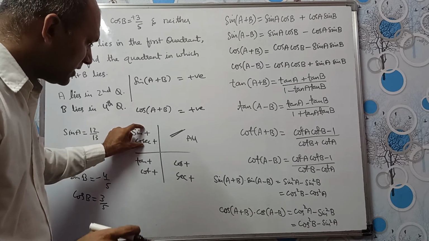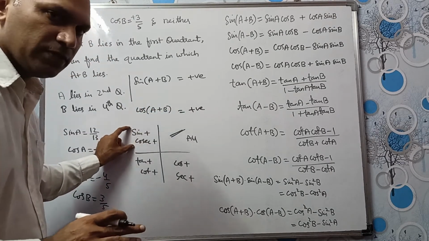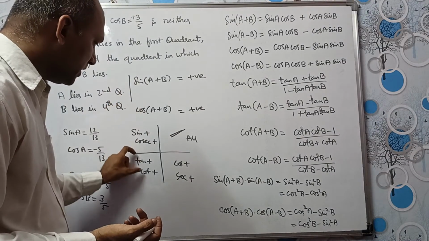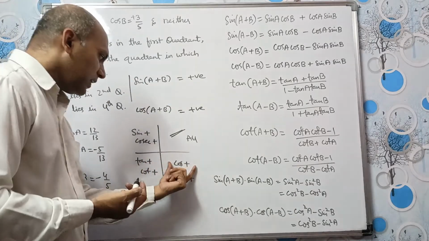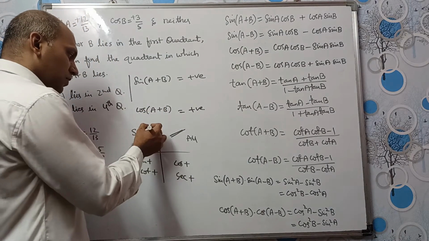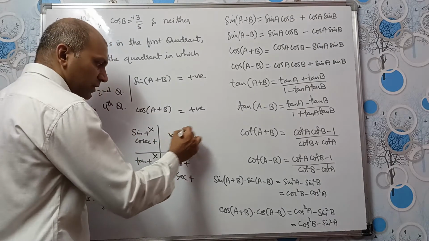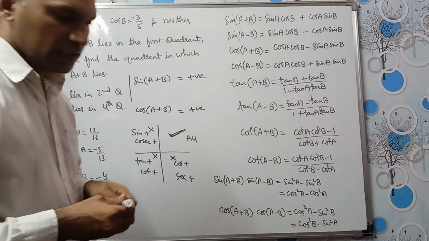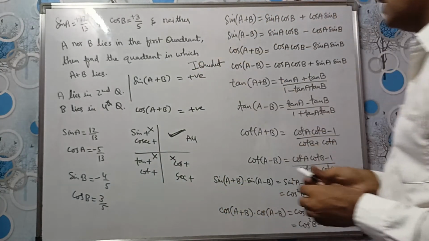So A plus B obviously doesn't lie in the second quadrant, right? Because for A plus B cos is positive we got, but cos is negative here. Of course, it will not lie in the third quadrant because both sine and cos should be negative. But here we got positive values. Here sine should be negative, but here we got sine positive. So this A plus B doesn't lie in the second, not in the third, not in the fourth. It will lie in the first quadrant. So where does the A plus B angle lie? It will lie in the first quadrant.